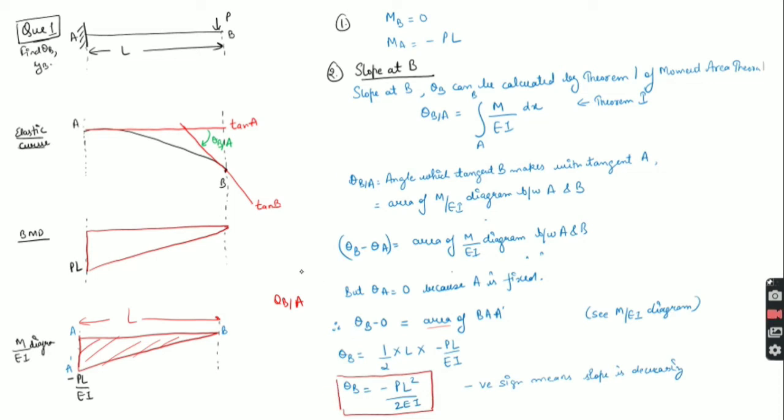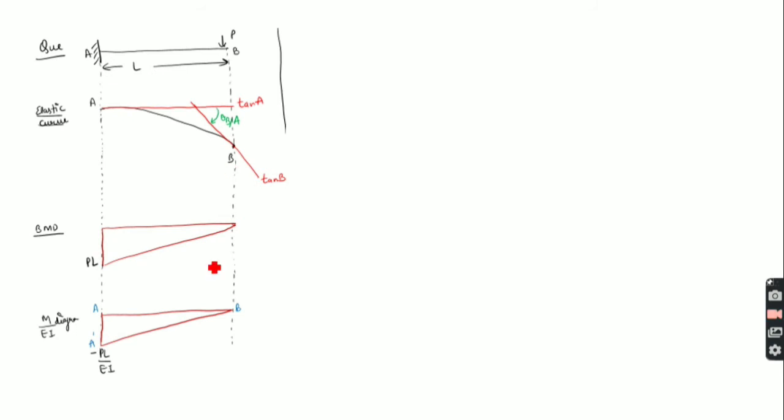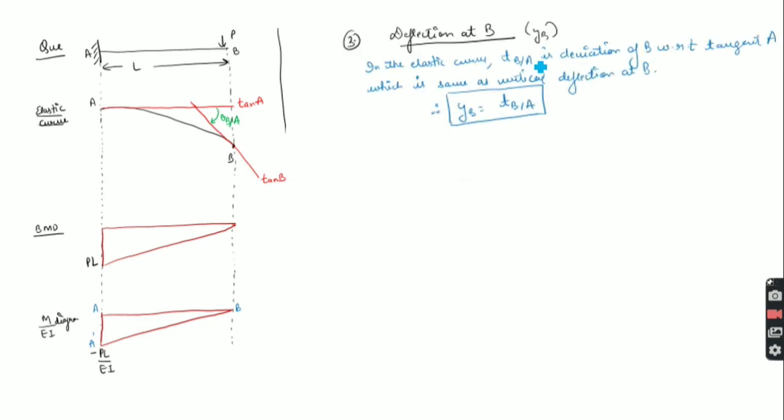Similarly, we will calculate the deflection. I will use the same diagrams here also. For calculating deflection, we will use theorem 2. Now you can see that we want to calculate YB, which means this value.